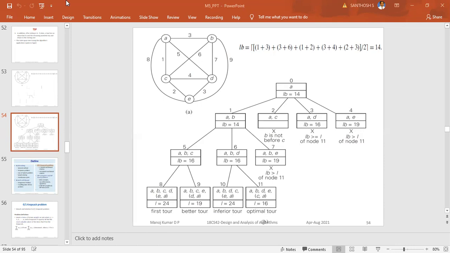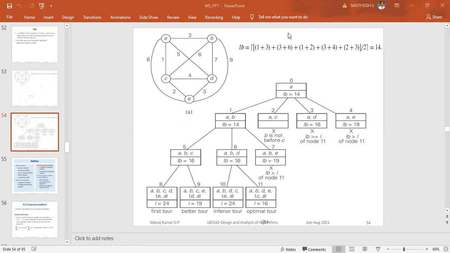So this is the optimal tour we are getting.